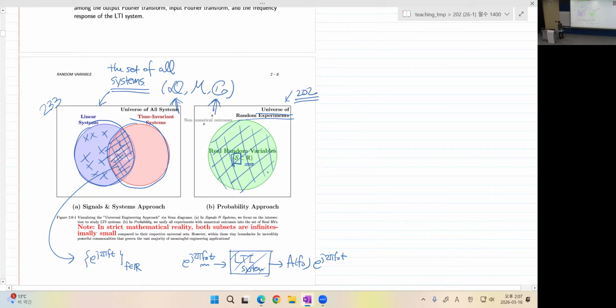So among all possible random variables, which means every possible random experiment that generates real numbers, we are going to put a fence and say, hey, everybody come here, right?